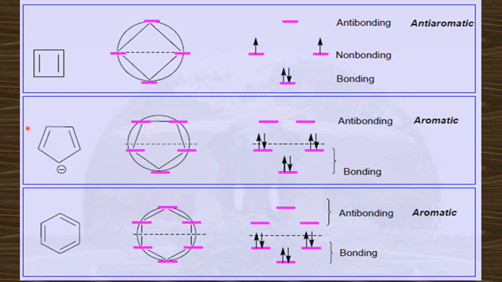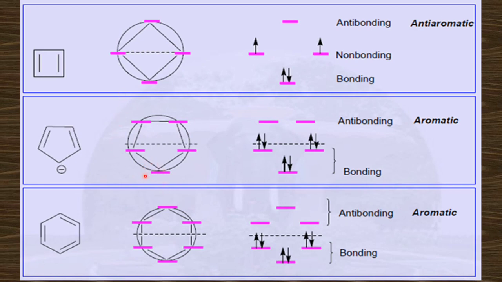Let us consider cyclopentadienyl anion. We have to apply the Frost procedure now. Draw a circle, place this ring structure within the circle in such a way that one of its vertices is touching exactly the bottom of the circle, and now wherever the atoms of the ring are touching the circle, you draw lines, and all these lines are representing the pi molecular orbitals, and their energy will increase from bottom to top.